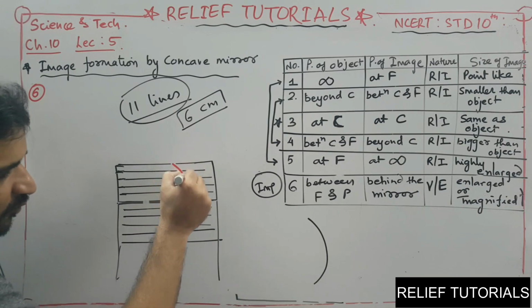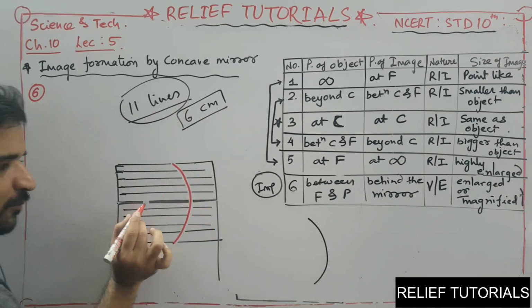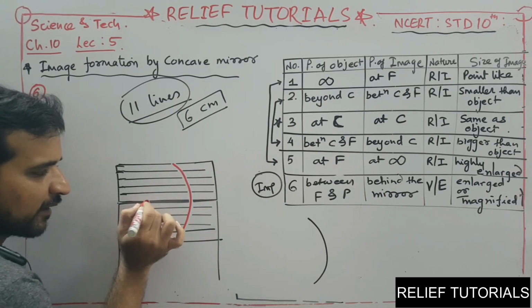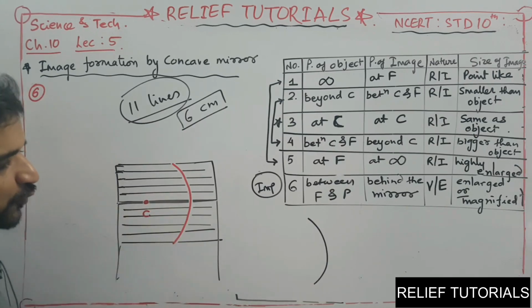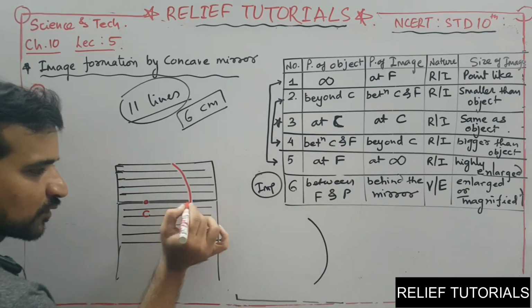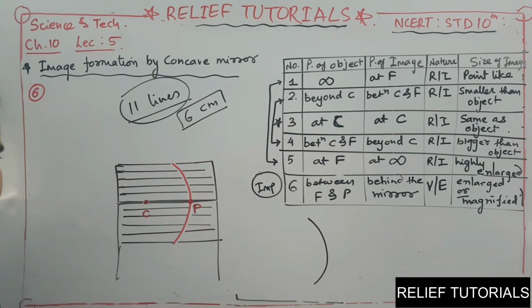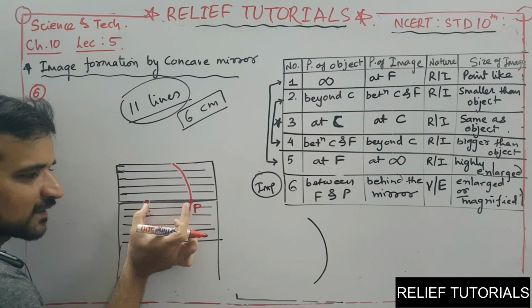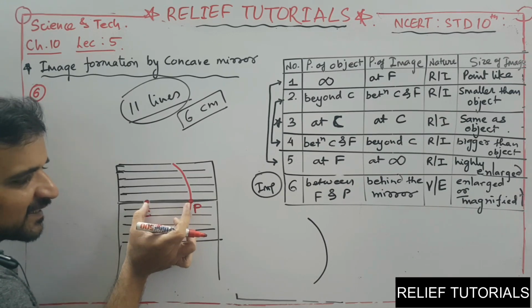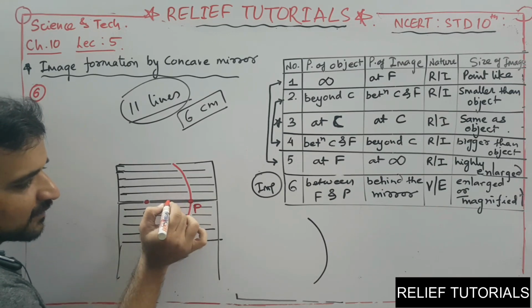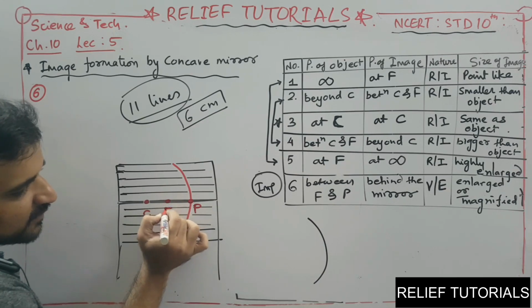So this is your mirror. The point of the rounder will behave as the center of curvature for you. This point will behave as the pole. Because this distance is 6 centimeter, exactly in between these two, at 3 centimeter you can place the principal focus.